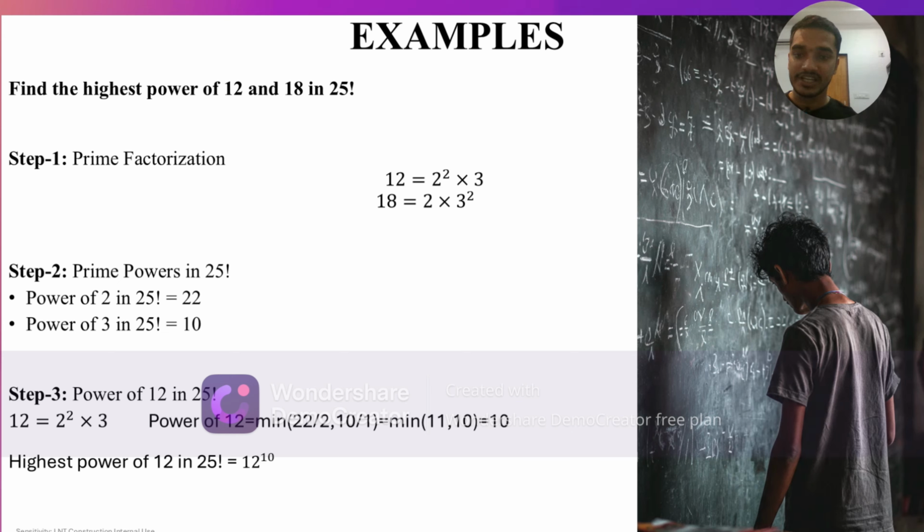The question asks about 25 factorial. The power of 2s present in 25 factorial is 22, and the power of 3s present in 25 factorial is 10. For 2 to the power 2 into 3, 22 is the power of 2s present in 25 factorial, divided by 2, and 10 divided by 1. So the minimum of 11 and 10 is 10. So 12 to the power 10.